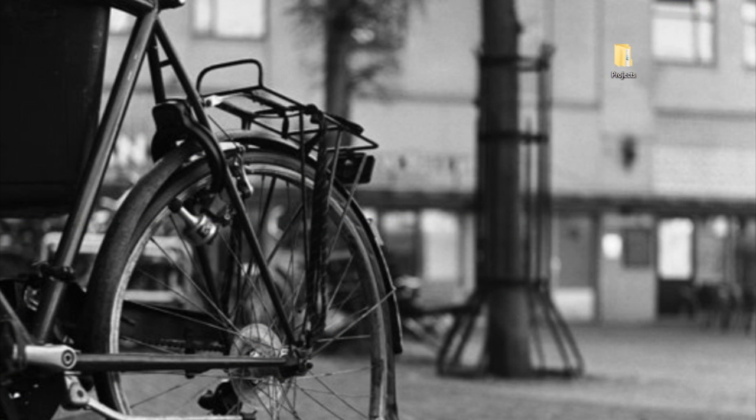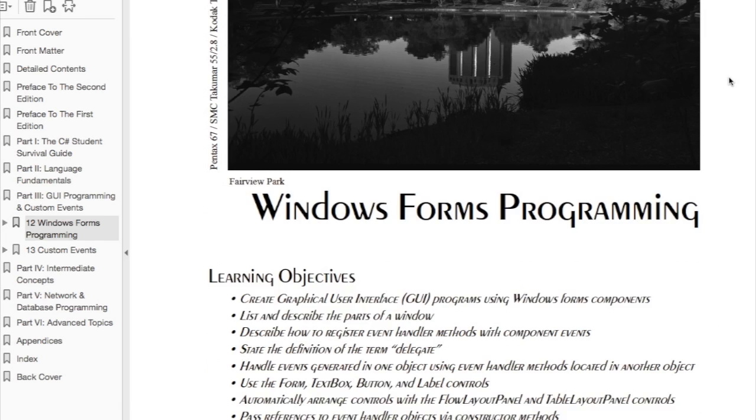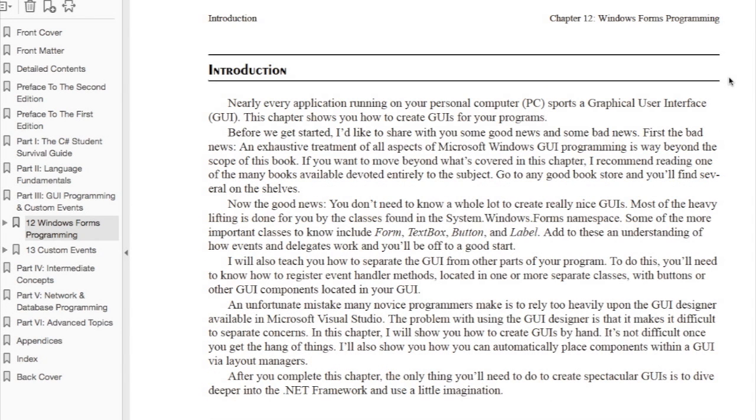So back to the chapter. Every window that you create is going to be based on a form. The form class is found in the System.Windows.Forms namespace. If you have buttons and menus, you want to have a fancy user interface, you're going to be using the form class to create that.